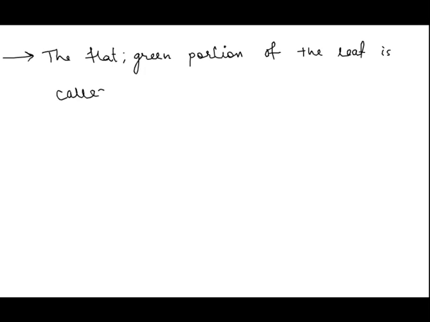So how can we write it down? Yes, the flat green portion of the leaf is called leaf blade or lamina. Then comes the petiole. What is petiole?